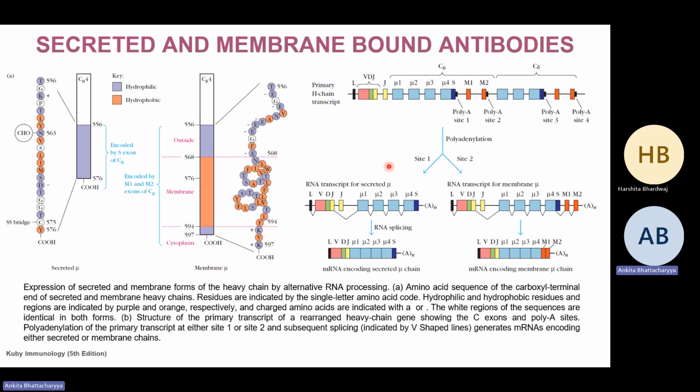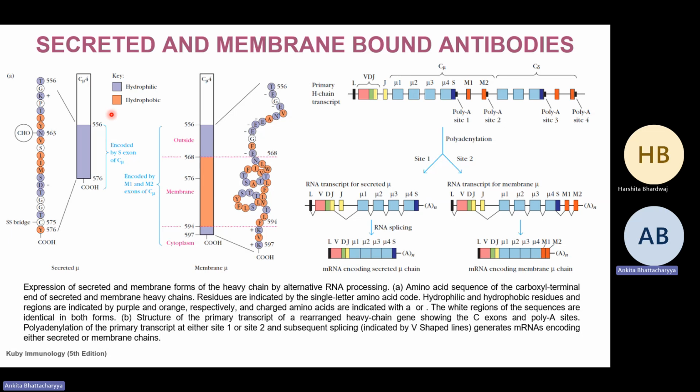Then we have RNA transcripts for either the secreted subtype or the membrane-bound subtype. When membrane-bound, it has an entire additional segment, either the membrane-bound or the inside, cytoplasmic chunks. On the other hand, it can be completely secretory in nature, when it will be a smaller protein.